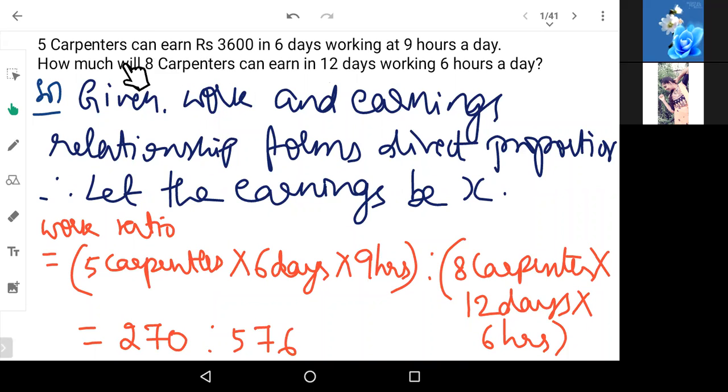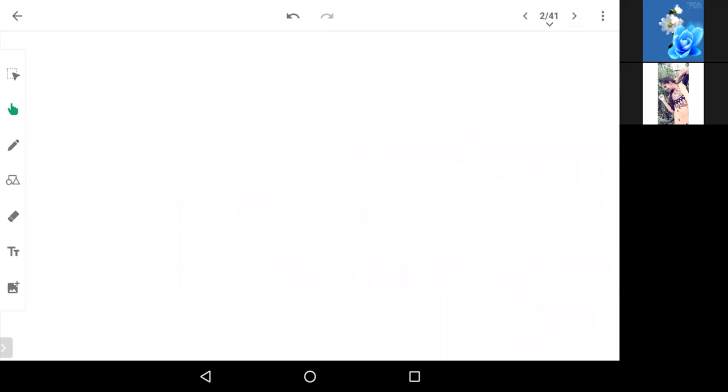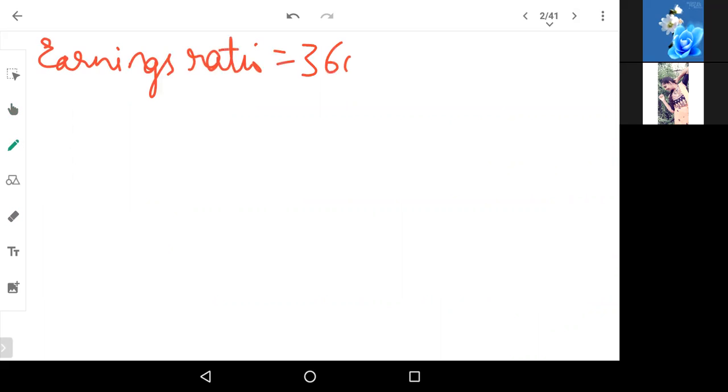Now how much will 8 carpenters earn? So the next one is the earnings ratio. If 5 carpenters were earning 3,600, how much will 8 carpenters earn? 5 carpenters, 3,600. 8 carpenters, X.